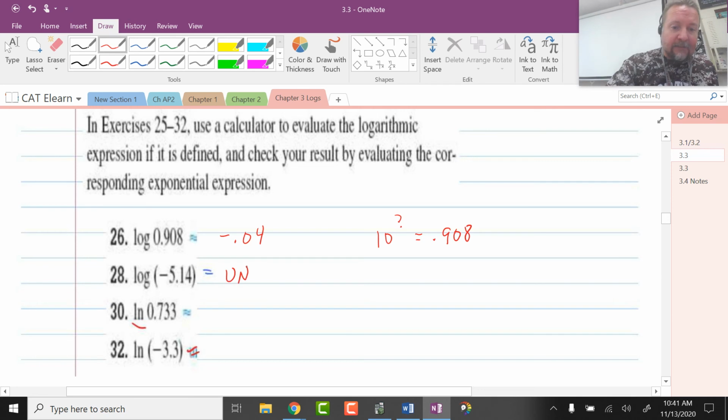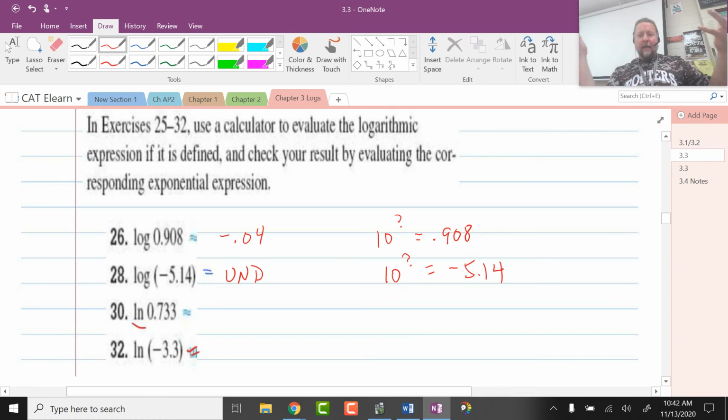This is not possible. The calculator will shut down because you can't take 10 to a power and get a negative. So that will give you an error. So will the log of 0. You can't take 10 to a power and get 0. It's not possible.